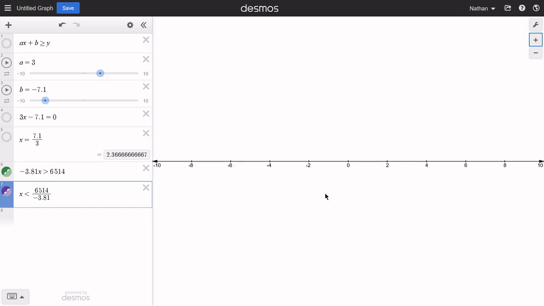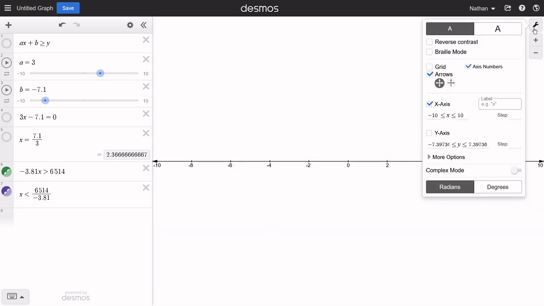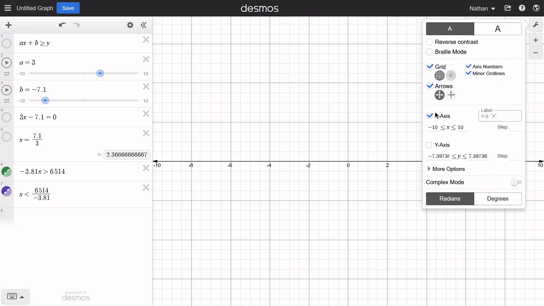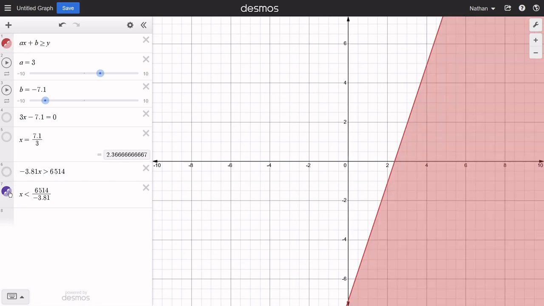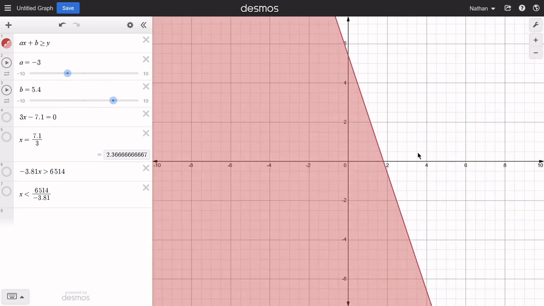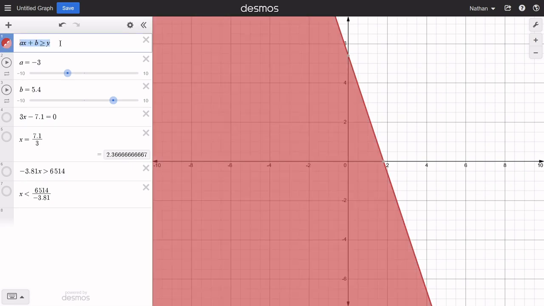Okay, so now let's consider two-dimensional space instead of the one-dimensional space. So let's add this back in, and now we can consider the actual full solution set here, not just the x-axis. We're also considering the y values as well. So for this, when we have this equation here, the boundary line is going to be the equation where it's equal to.